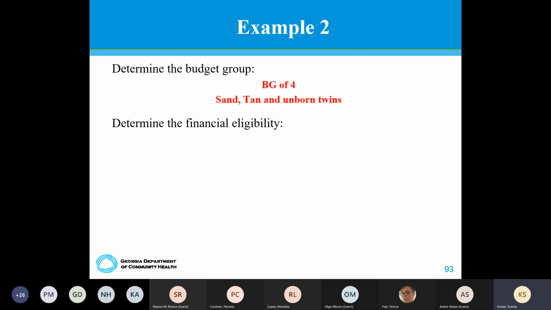So now we're going to look at the income. The only income they had was Miss Tan. She was the one that's working. She's working 36 hours per week at a rate of $17.50 per hour and paid every week. So what we need to do is go ahead and calculate out Miss Tan's income. So you're going to multiply $17.50 times 36.